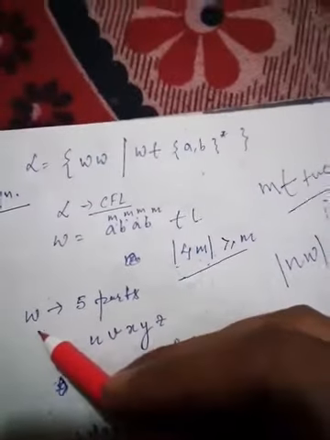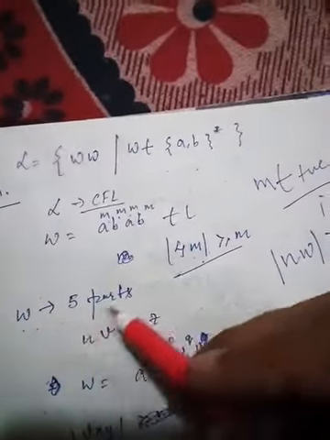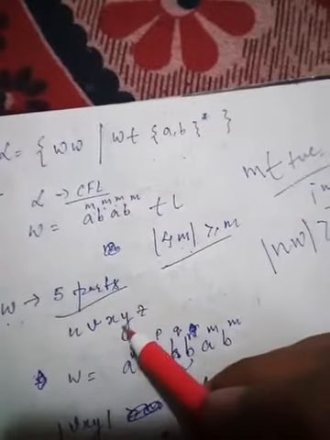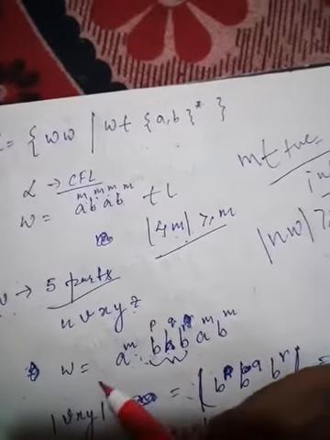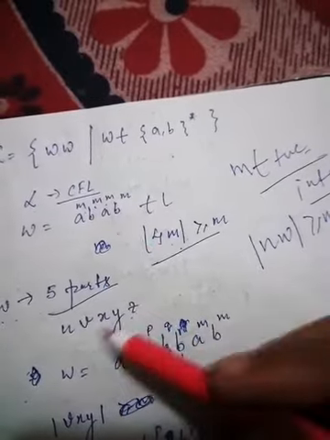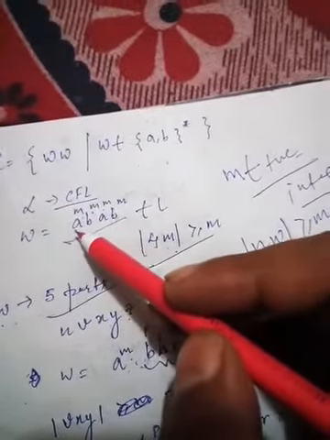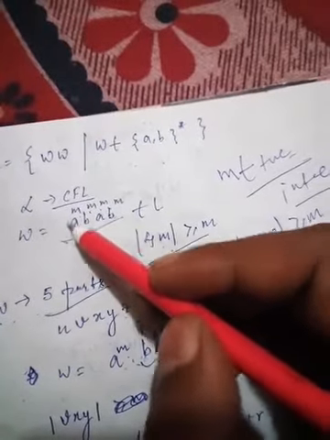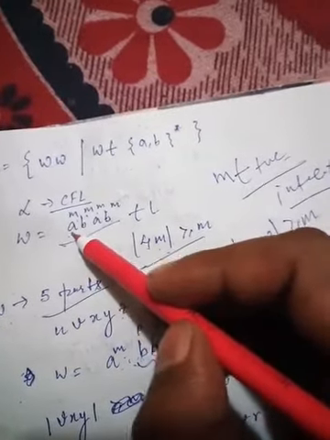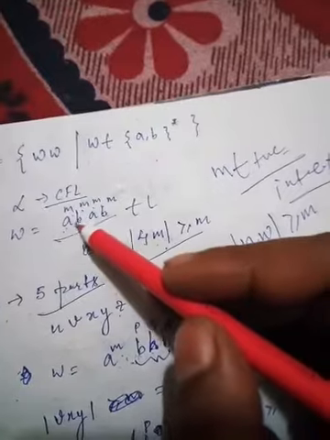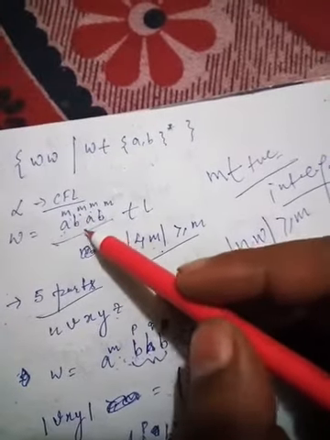Now w will be divided into 5 parts, that is u, v, x, y and z. Now how to divide this? As in our earlier regular language, we were dividing the first term, here we will divide the second term.